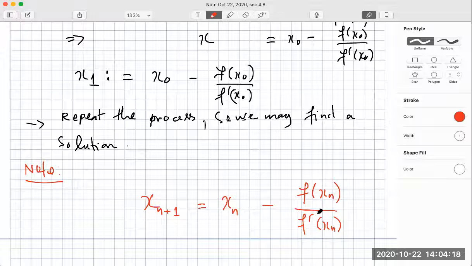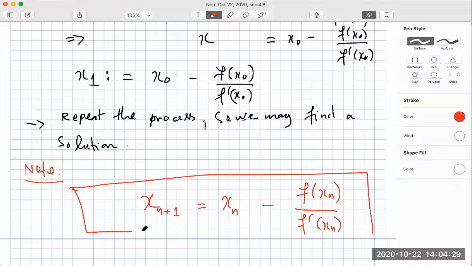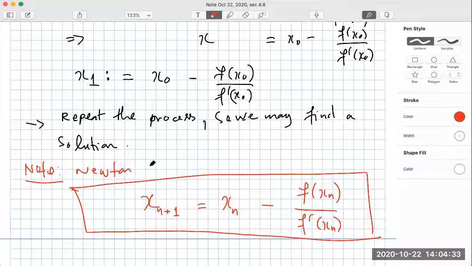Right? Very good. And that's it. This is the Newton method. Okay?